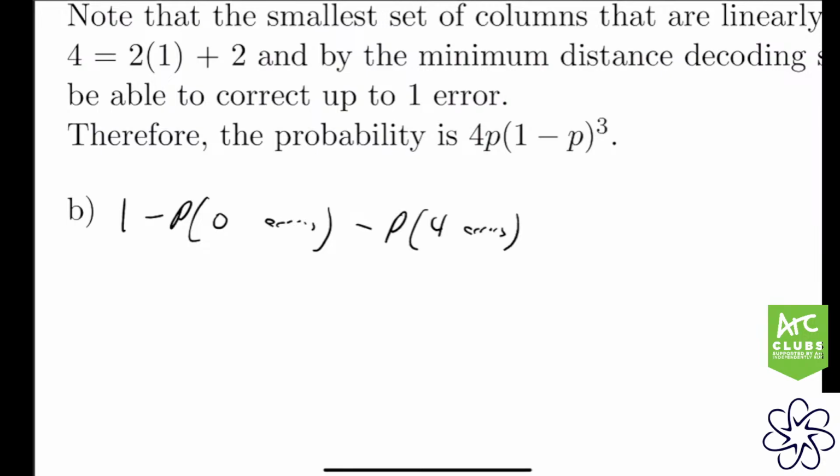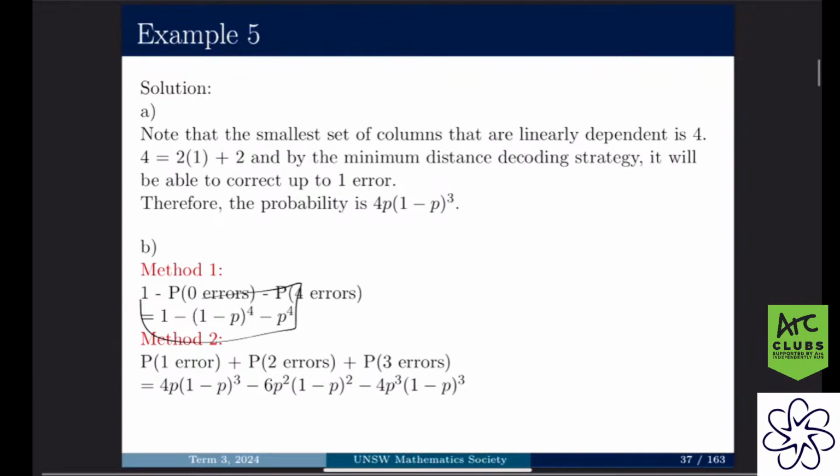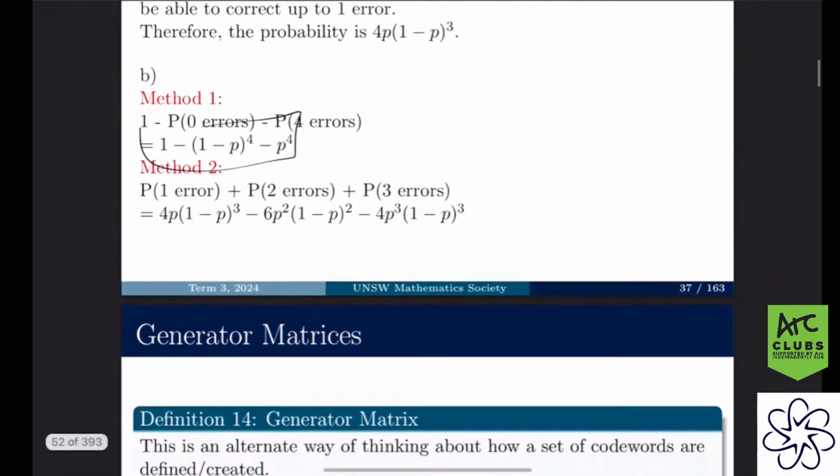As this has fewer terms, I believe it's simpler. It will be 1 minus (1-p)^4, because that's the probability we have 0 errors, minus the probability we have 4 errors. Great. Or the other method as well, which is valid.